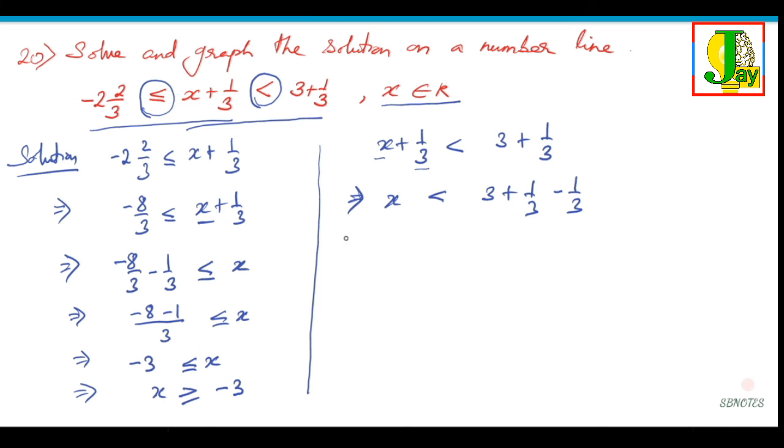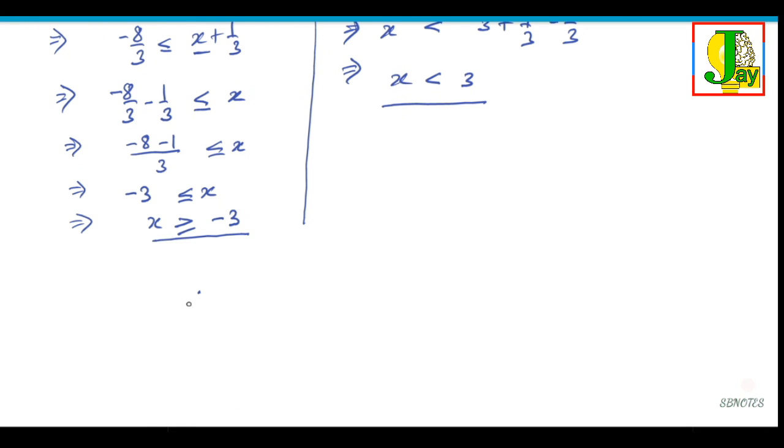So plus 1/3 minus 1/3 is 0. Now we have x less than 3. Now we have two inequations: x is less than 3 and greater than or equal to minus 3.